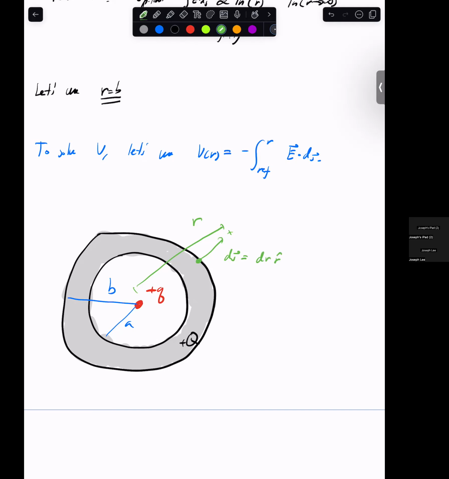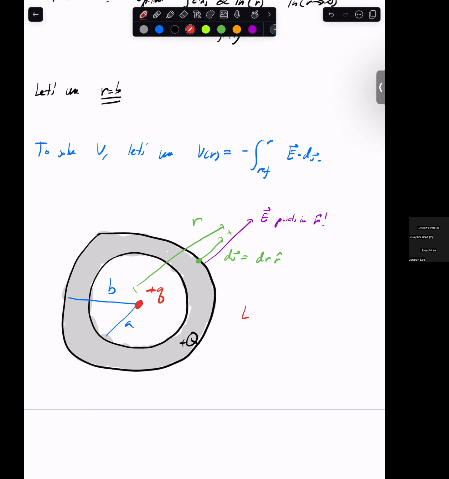So r hat is this radial vector that goes outward, and dr you can think of as the length of this vector, some differential length. Now the electric field, I'm going to draw slightly to the side just for visuals. If you remember, it's also pointing in r hat. So E dot ds is the dot product between the electric field and the path that we're taking. And you might notice we picked a situation with a lot of symmetry.